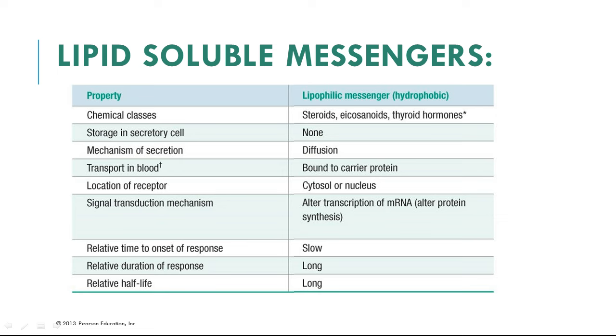Our lipid-soluble messengers, chemically speaking, include your steroids, like estrogens, testosterones, and so on and so forth. Eicosanoids, and another hormone called thyroid, your thyroid hormone. That one has an asterisk by it, 'cause it's kind of unique. So if you want to write down thyroid hormone and put an asterisk by it.